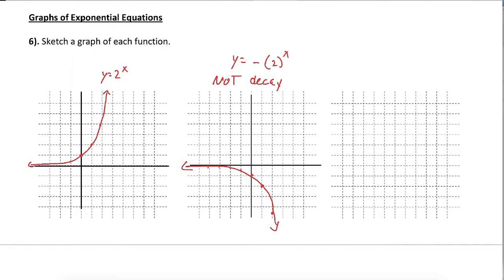And just for fun, I guess we will do this last one. Y equals, if we put a negative in front and a negative in the exponent, then this graph is not only flipped upside down, but it's also flipped backwards.